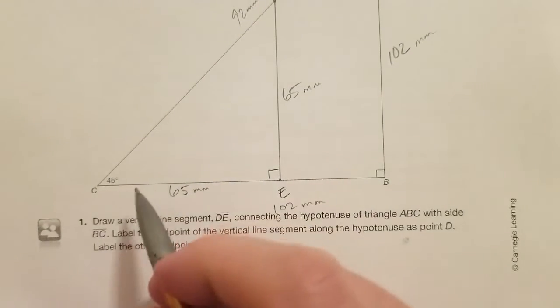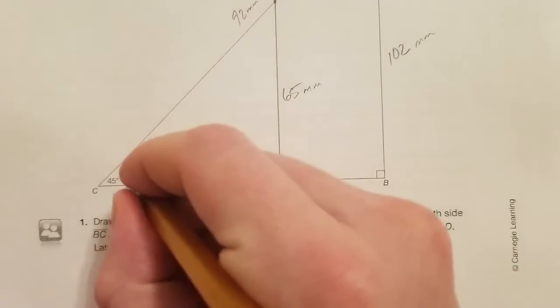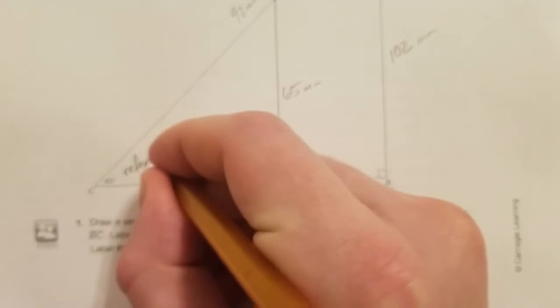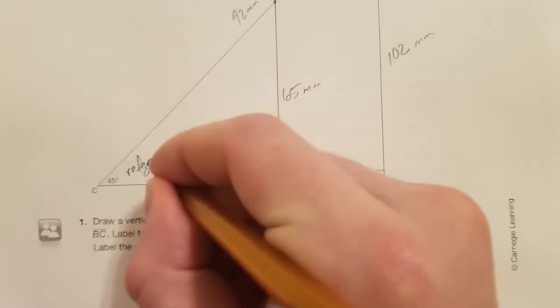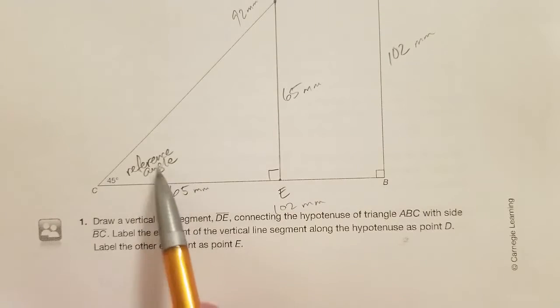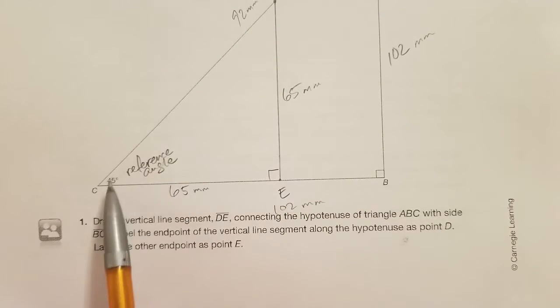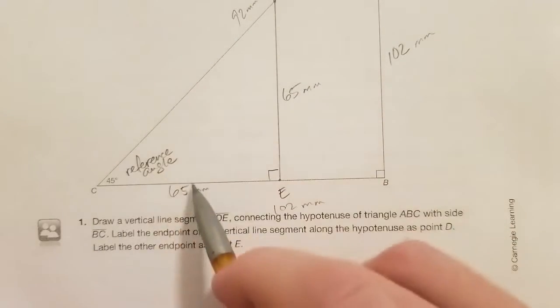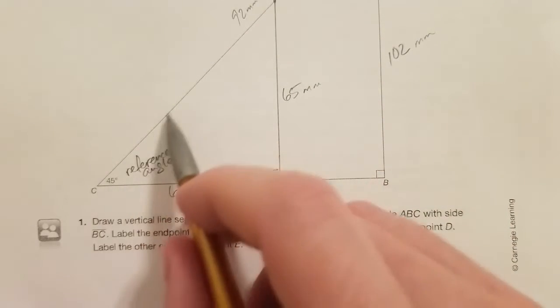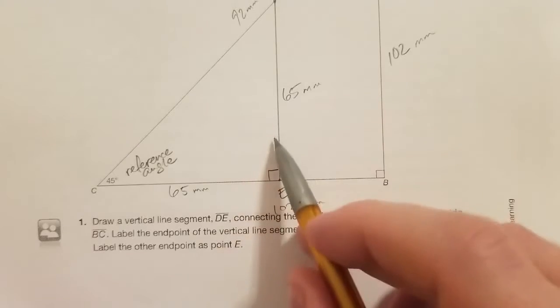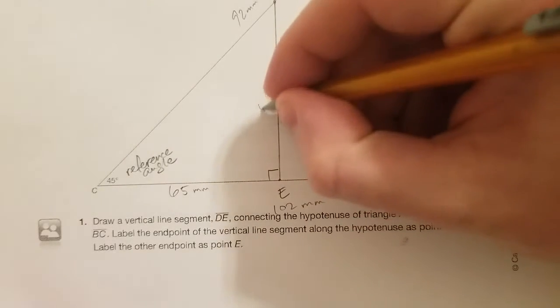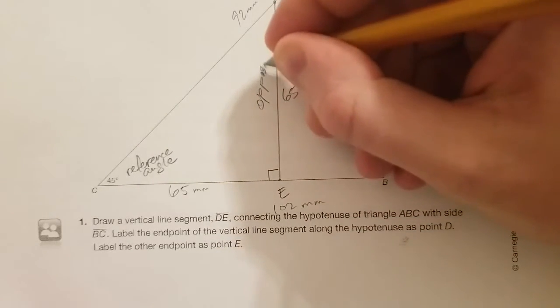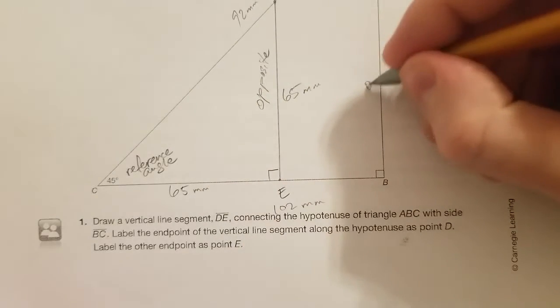Okay, so let's go back and look at the triangle that we drew. C is my reference angle right here. From the reference angle, the side opposite is the one that's not connected to it, right? So this angle is formed by this side and this side, so it's the side that's not part of the angle. So this is an opposite side, and this is an opposite side.